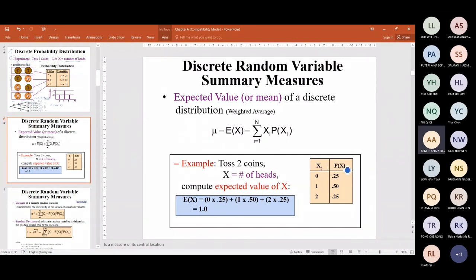Okay, the formula here. So to get the expected value, for example here, again, it depends on what event you want, what you are interested to look at. Like the previous one, we just want to look at the number of heads. It can be different, for example the number of tails. In this case there are only two, either head or tail. But if you roll a die, then you have 6 outcomes, right?